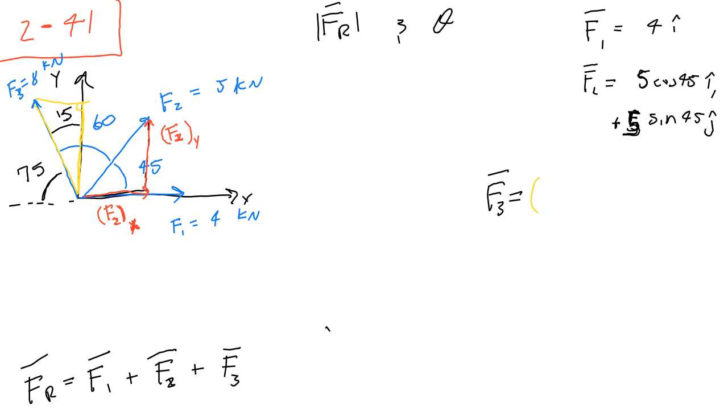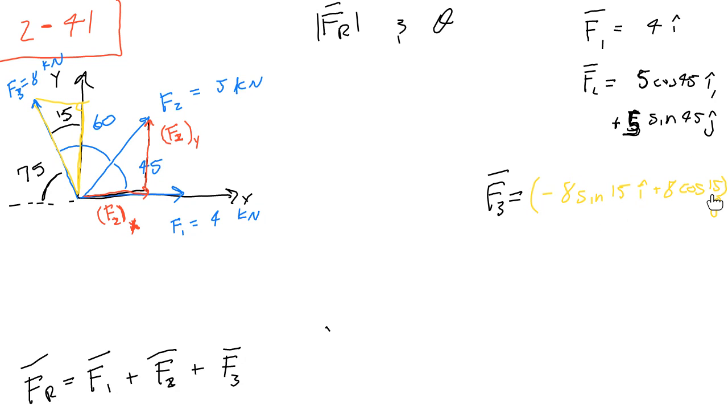F3 is going to have a negative 8 sine 15 I hat plus 8 cosine 15 J hat.